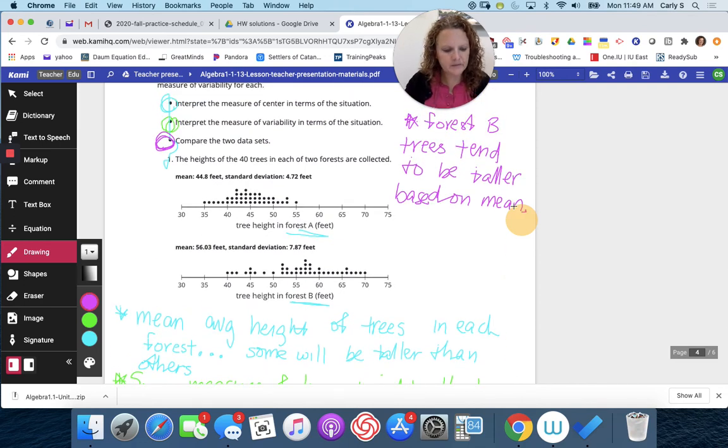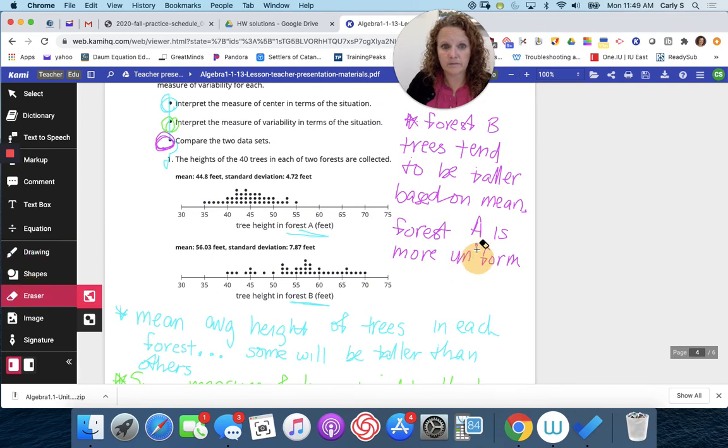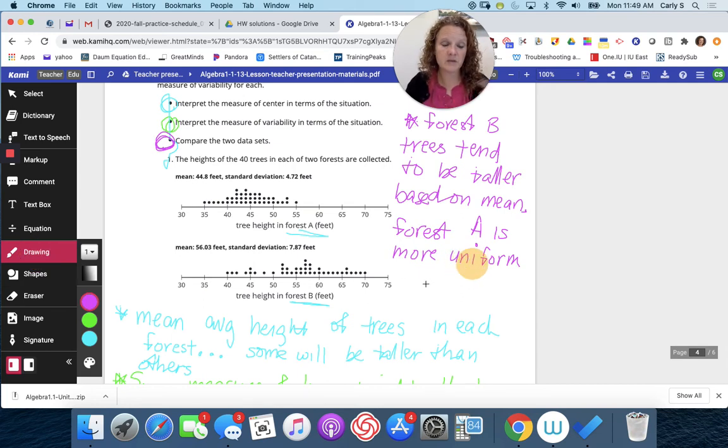All right, so we can say Forest A is more uniform. Forest B has more variability. Okay, cool.